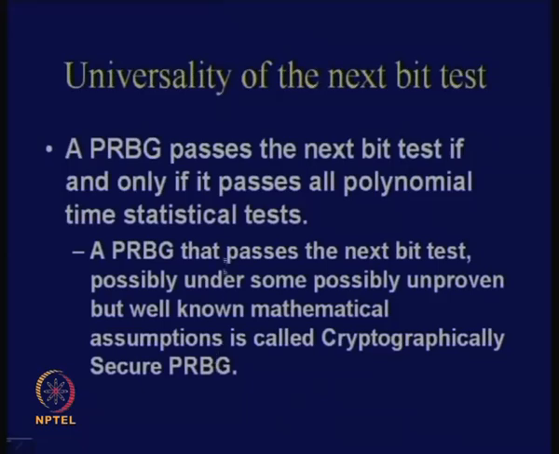So the universality means that if a particular pseudorandom bit generator passes the next bit test, then it is equivalent to saying that it passes all polynomial time tests. If you are able to prove this, then you can show that also. But the fact is that when you show that a pseudorandom bit generator passes the next bit test, it is typically under certain assumptions.